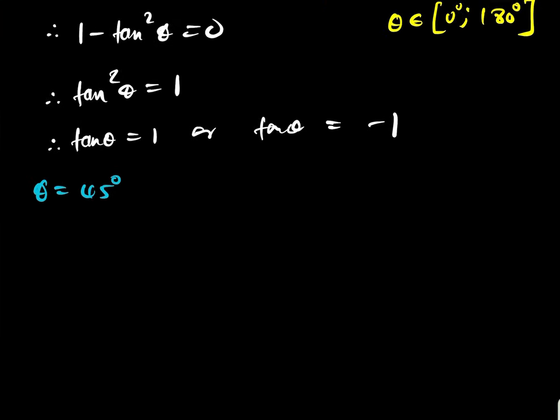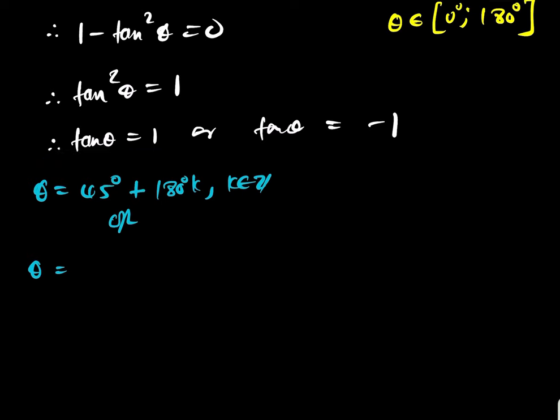It's going to be plus 45. I can really do it with the general solutions because I'm given that part. So let me write 180 degrees k, where k is an element of integers. Or theta is going to be, remember that tangent is positive in the first quadrant and the third quadrant.